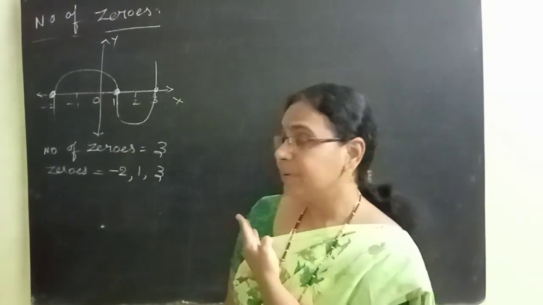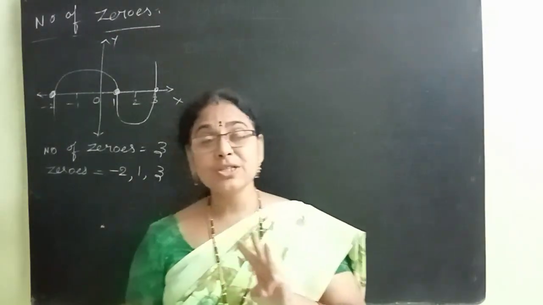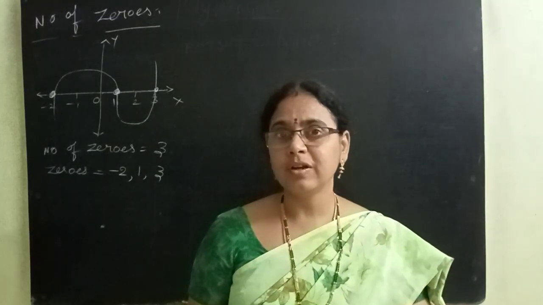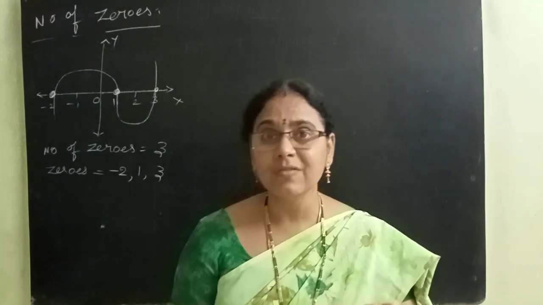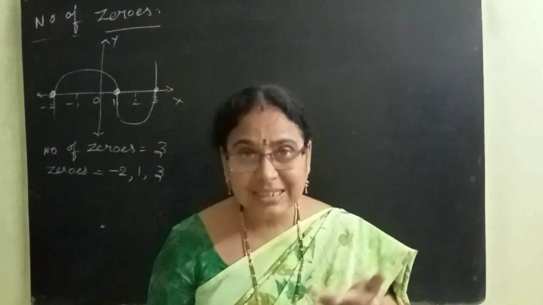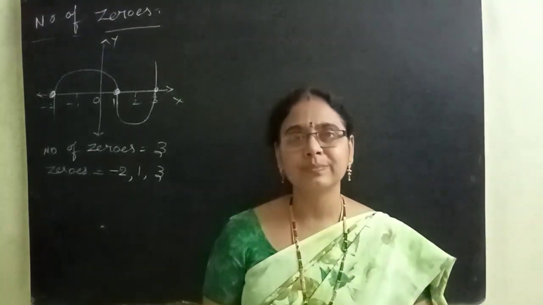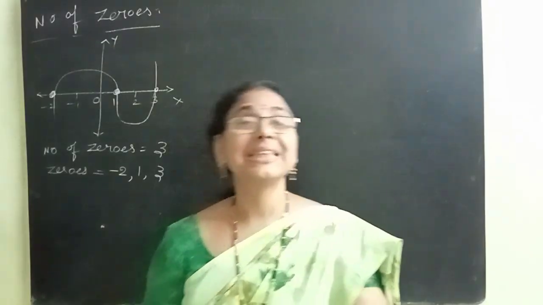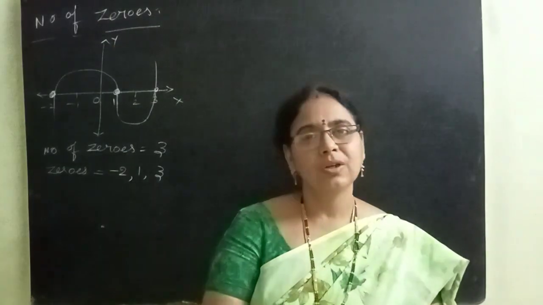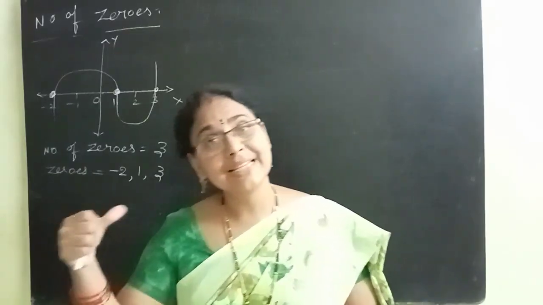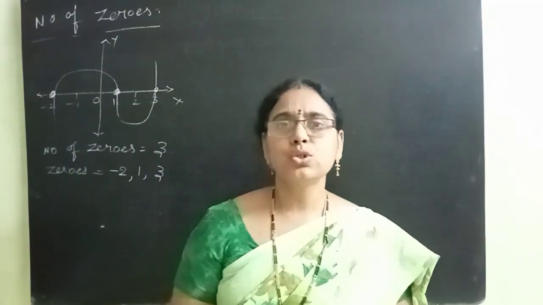By seeing that the number of zeros are 3, which type of polynomial is it? Number of zeros 3 means degree is 3. Then it is cubic polynomial. Degree how much? That many zeros you will get. Degree is 1, so you have only 1 zero. Degree is 2, so you have 2 zeros.